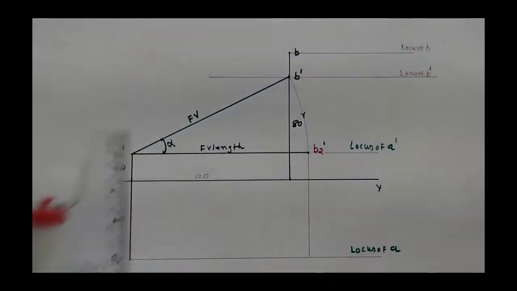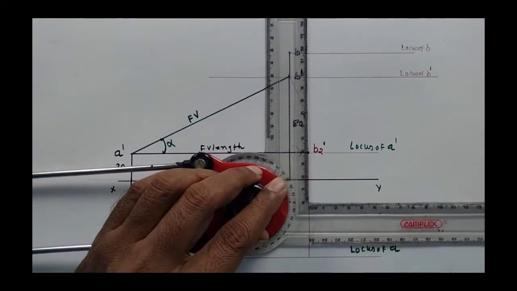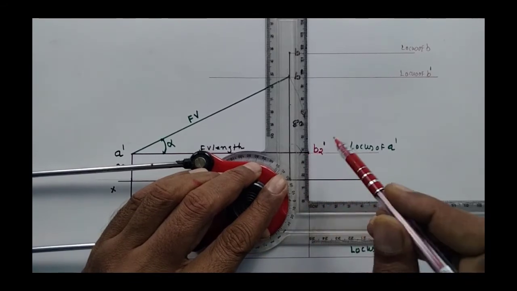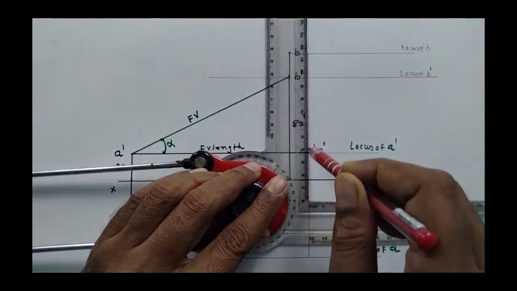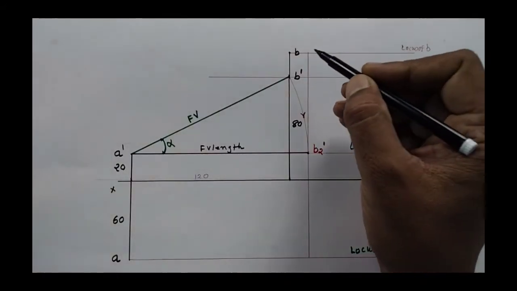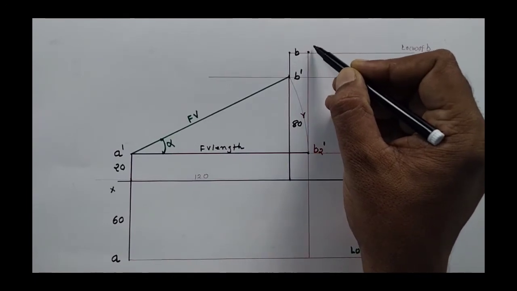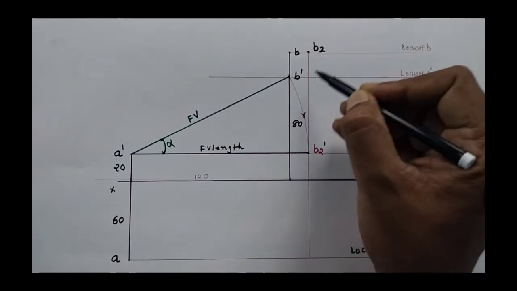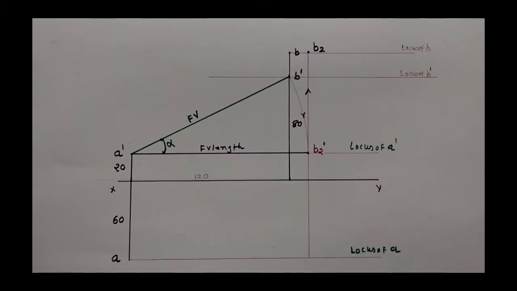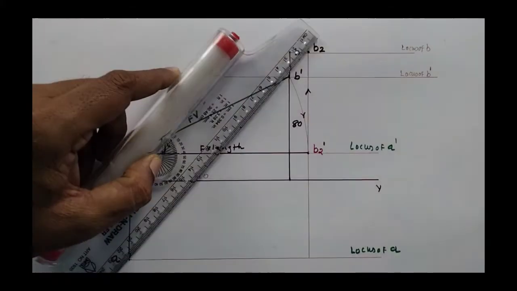So for that, we draw the perpendicular projection from B2 dash on the locus of B, and I get the plan point B on the locus of B. Now you join AB2.